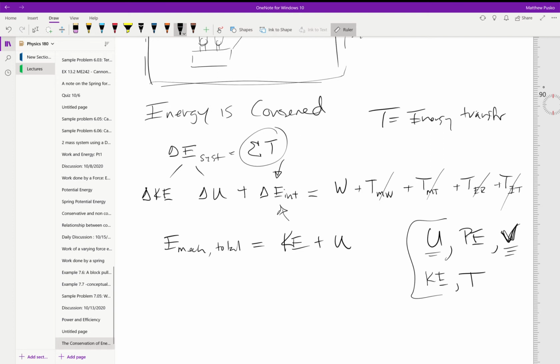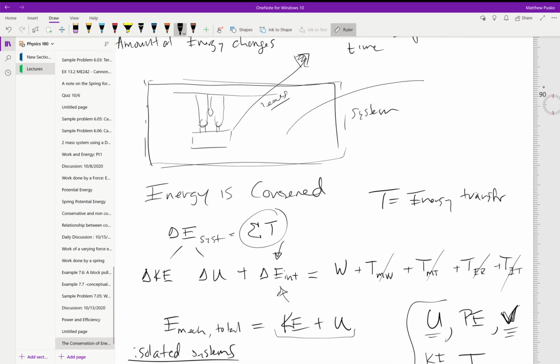I'll try to catch myself though, but I don't think I made a mistake yet. If we say that the total energy in the system is the kinetic energy plus its potential energy, we're going to consider almost always isolated systems, meaning that no energy is going out.